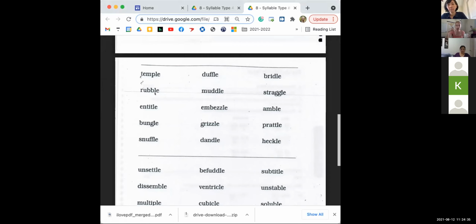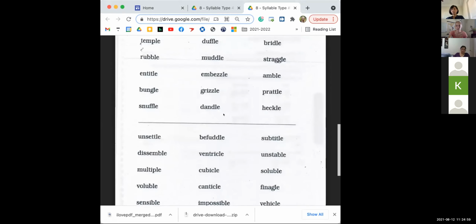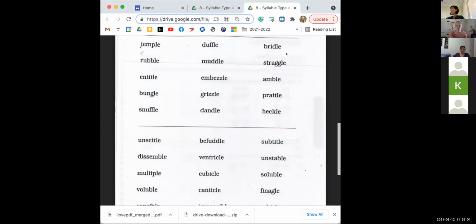When we say the consonant-LE syllable at the end of the word, we don't want to forget the previous syllable rules that we've already learned, the open and the closed. So I'm going to read a couple of the less familiar words with you here on the screen, and of course, we can answer any questions that you might still have.